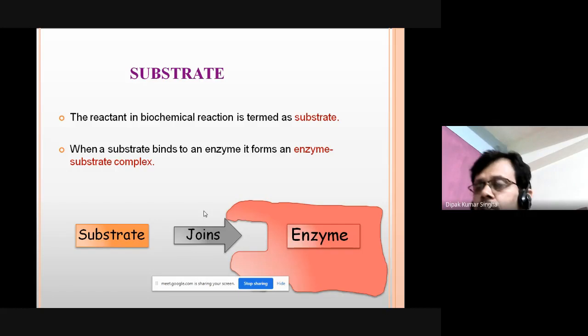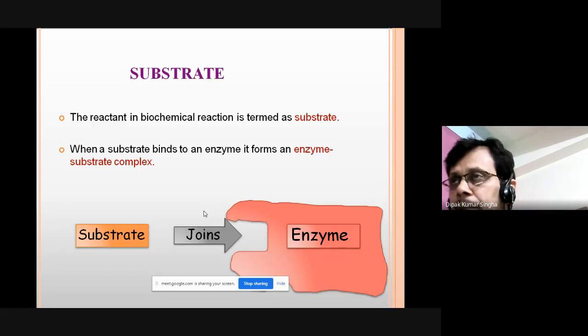Another most important property of the enzyme is that it is very specific. It can work only on a particular substance. They do not react with any other substance. You are specific, like there's a diploma in the pharmacy courses.